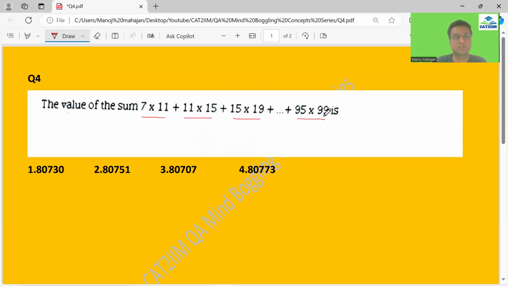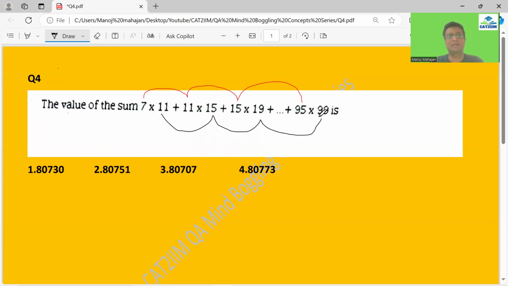There is of course a standard way of solving this question, which I'm not covering over here. The idea in this series is never seen before concepts. Normally in the basic approach, students will try to find the nth term of the first series, and then the nth term of the second series.